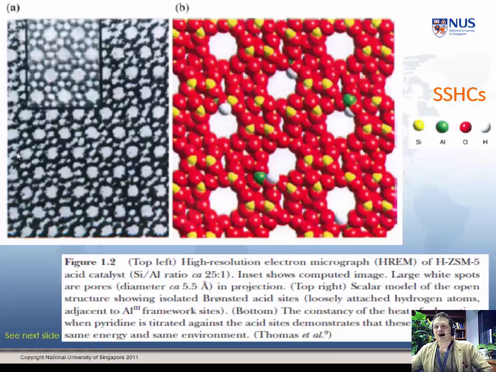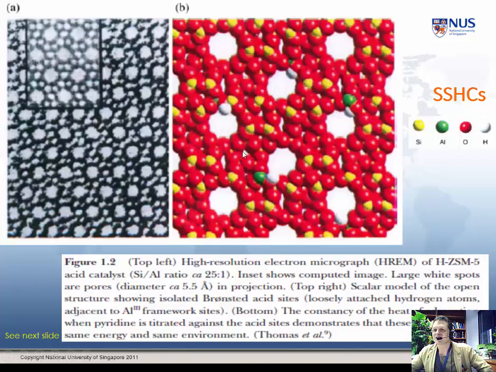So, the left here is a high resolution EM photograph of again a zeolite acid catalyst, which shows you again the surface structure. The SSHC here is actually a model of a structure showing the Bronsted acid sites, loosely attached hydrogen atoms to the aluminium frame.